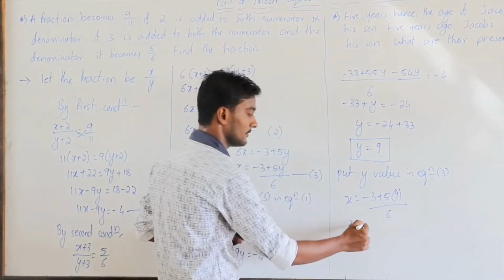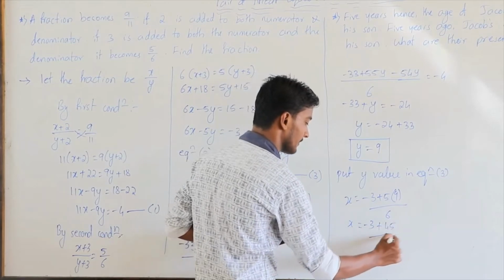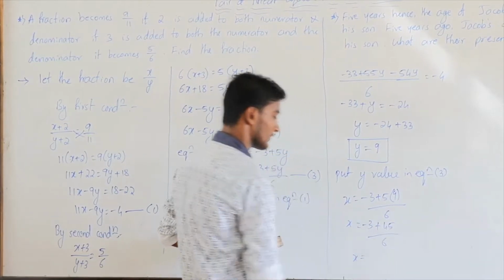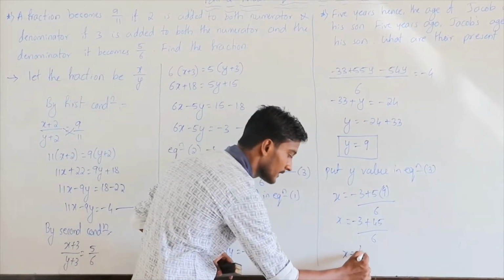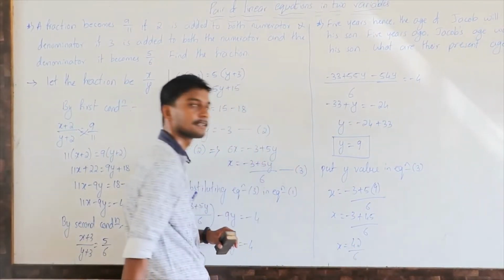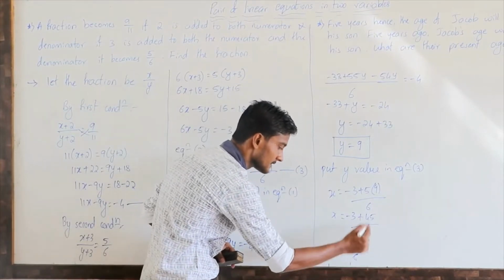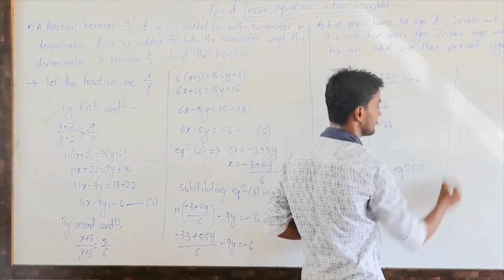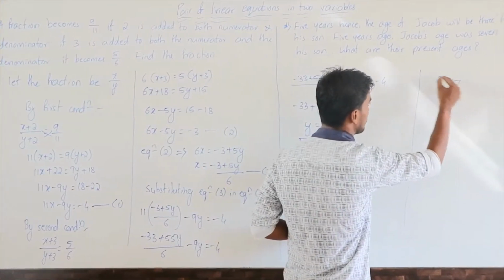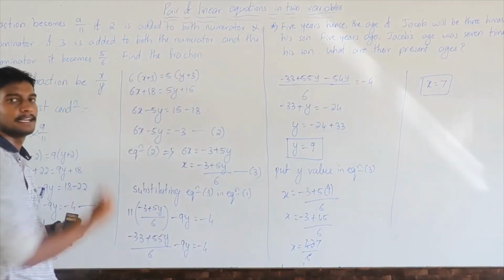So x is equal to minus 3 plus 5 nines are 45, divided by 6. x is equal to 45 minus 3, that is 42, divided by 6. If you cancel, 6 ones are 6, 6 sevens are 42. So the x value is 7. So we have got the y value and the x value.